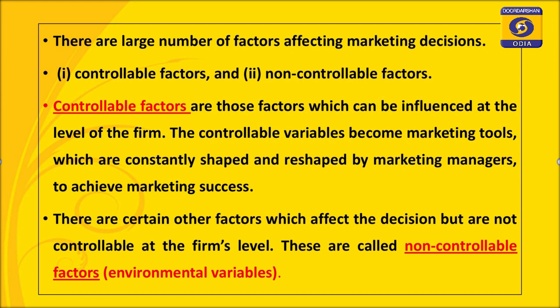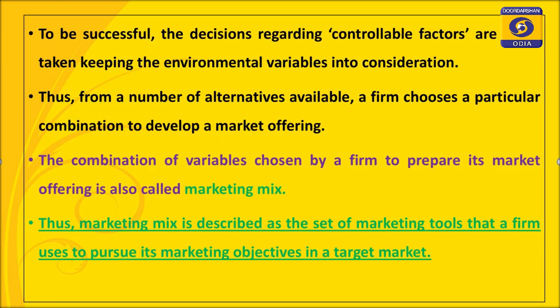On the contrary, there are certain other factors which affect the decisions, but are not controllable at the end of the firm. That means the firm cannot control them. These factors are called non-controllable, or otherwise we say them environmental variables. To be successful, the decisions regarding controllable factors are to be taken keeping in view these uncontrollable or environmental variables.